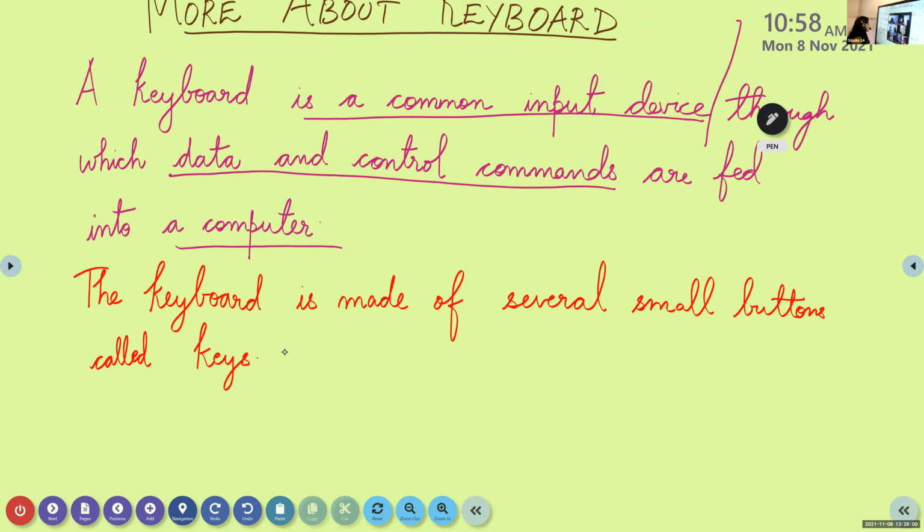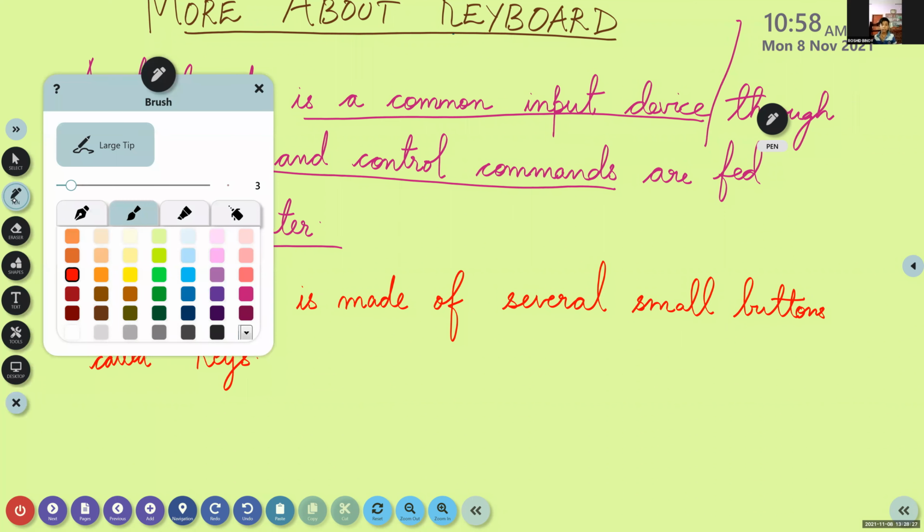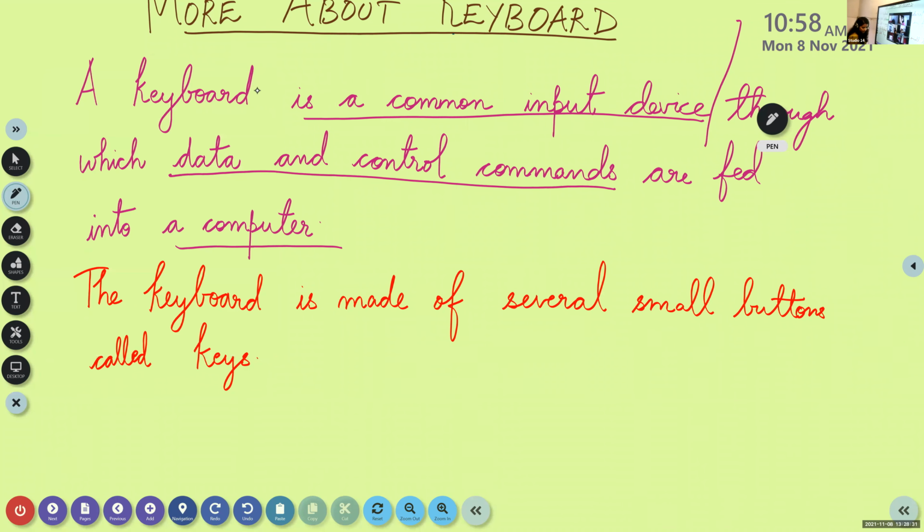Now we'll learn about the different types of keys present, what they are used for, and the functions of different keys on the keyboard. Shall we start with the first type? Are you ready? Yes, ma'am.